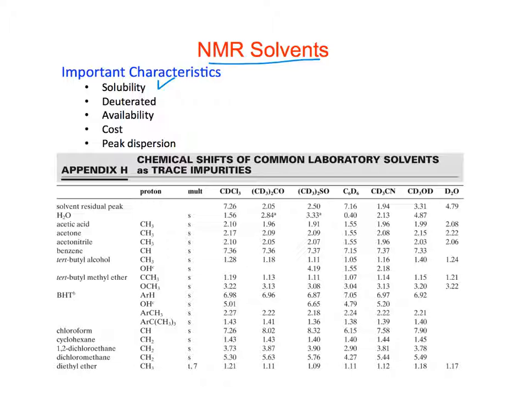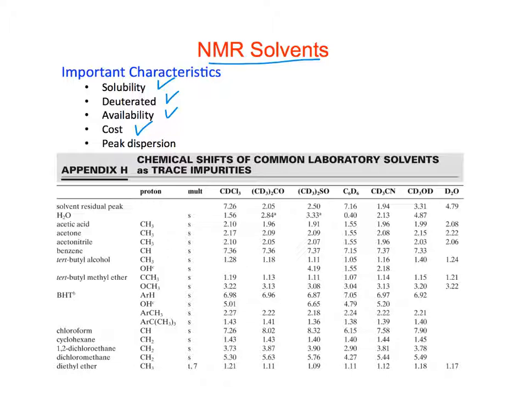Usually we use deuterated solvents, because in proton NMR, if the solvent is protonated, its proton signal is huge. If it's deuterated, that peak is much smaller. You'd also like it to be available and not cost too much, unless you have a specific need.